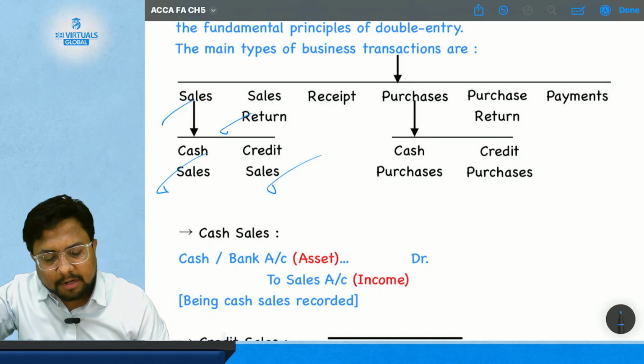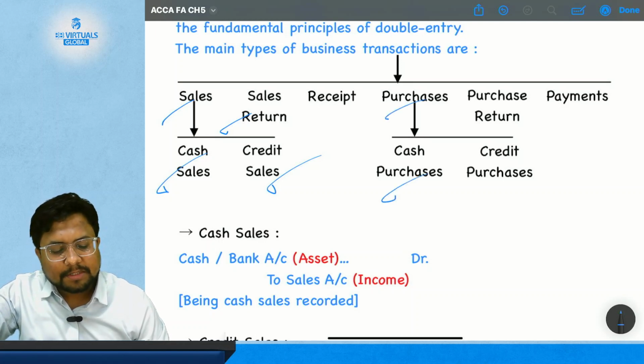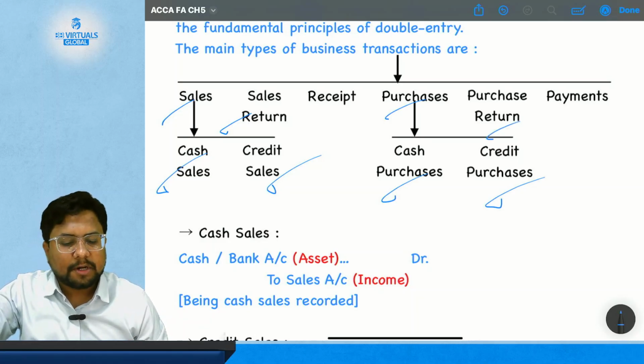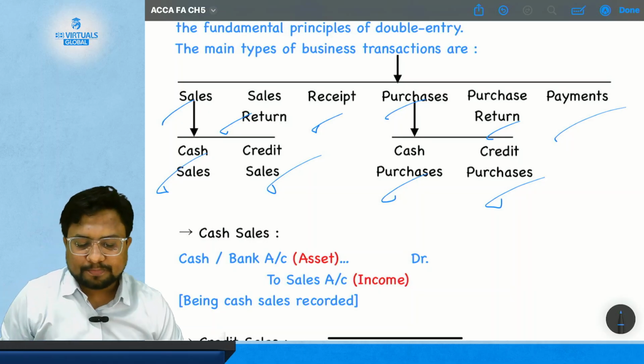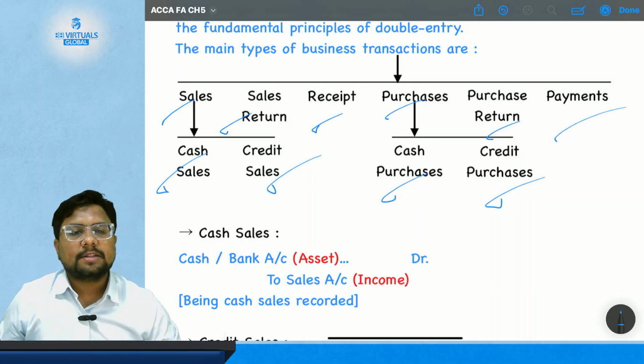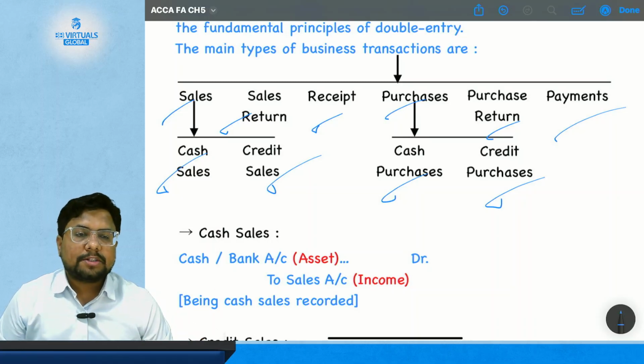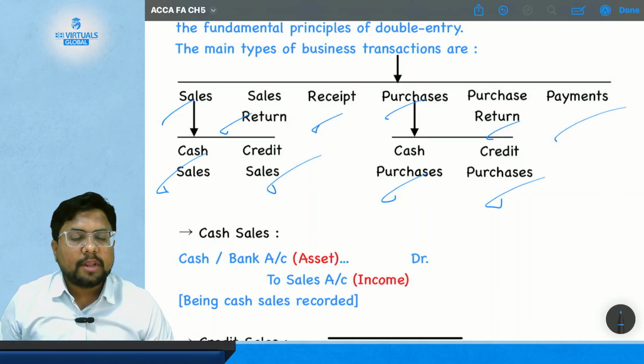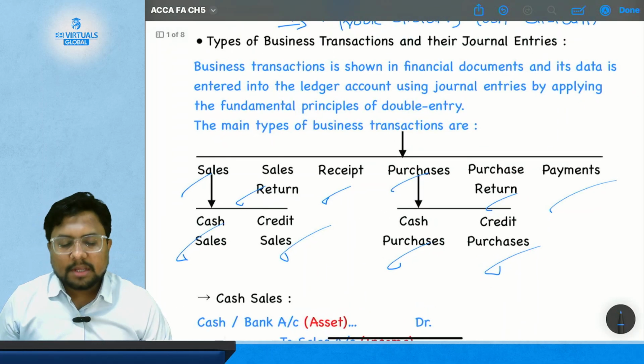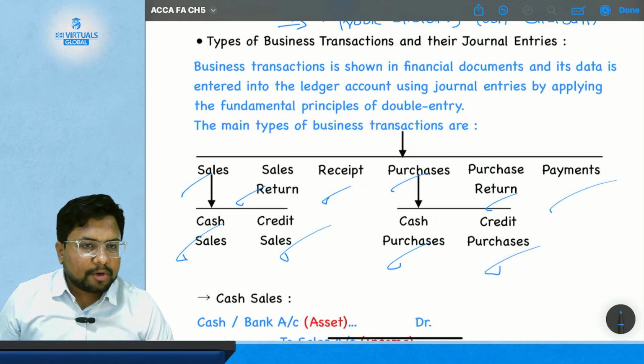Then in purchase, cash purchase and credit purchase. Then purchase return, then receipt, and then payment. So in our 1 hour class, we have studied different types of business transactions, how to record them based on 3 golden rules of accounting, and what the journal entry will be.